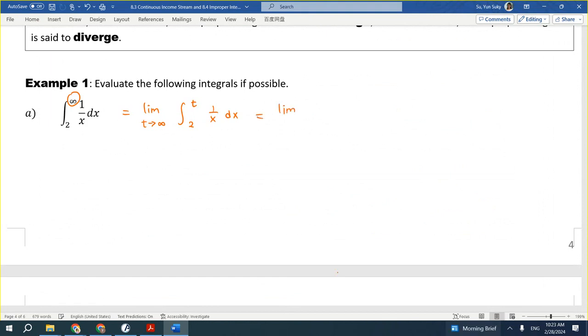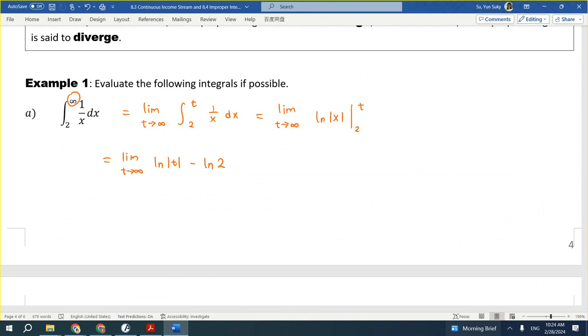So now continue. What is the integral of 1 over x? Ln of absolute value of x, evaluate from 2 to t. Yes, everybody? And now we see limit t goes to infinity, ln, we plug in t first, minus ln, we plug in 2. Right?